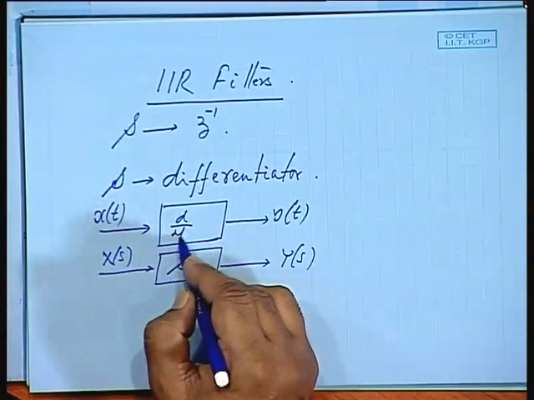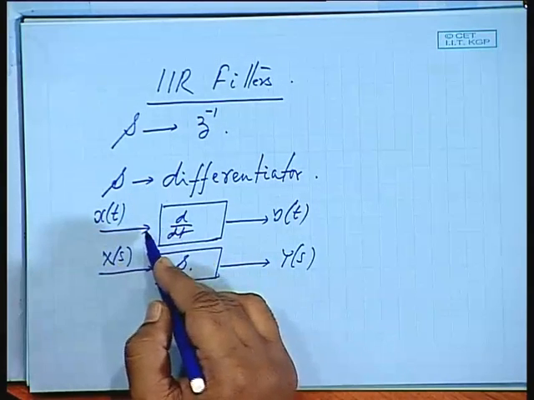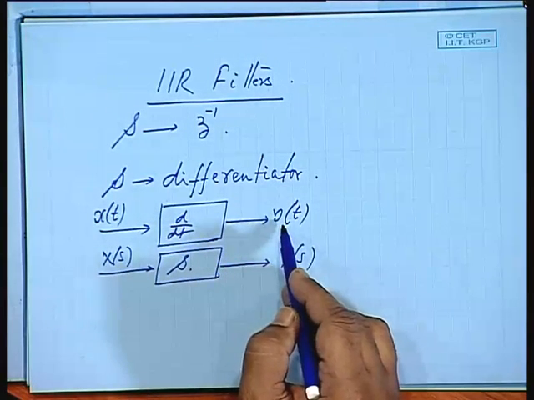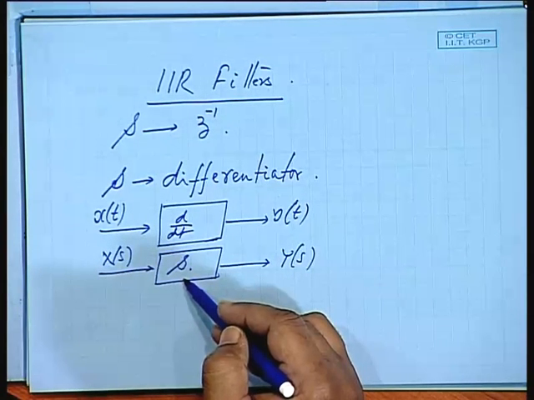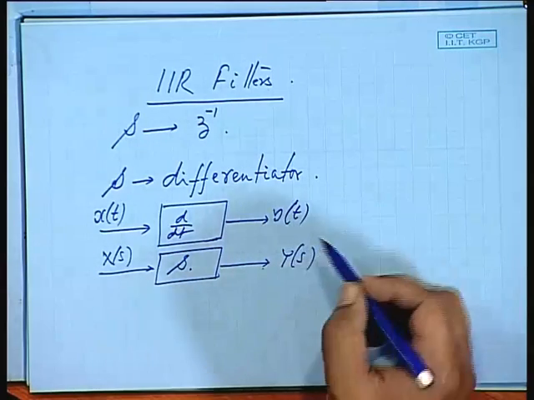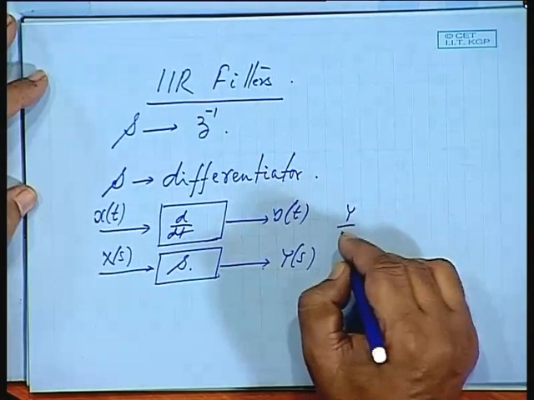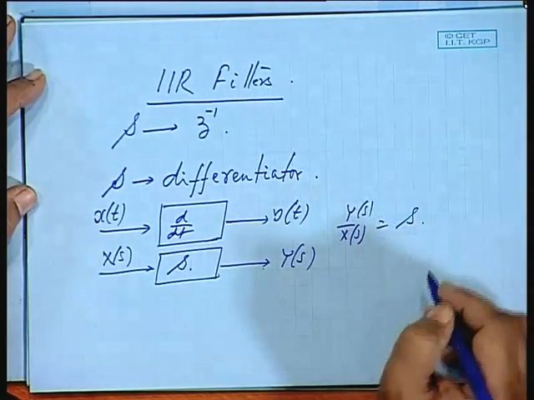This was d/dt operator operating on the input x(t), giving me an output y(t), and this can be used as an algebraic multiplier s in the s domain. So, Y by X in the s domain becomes s.